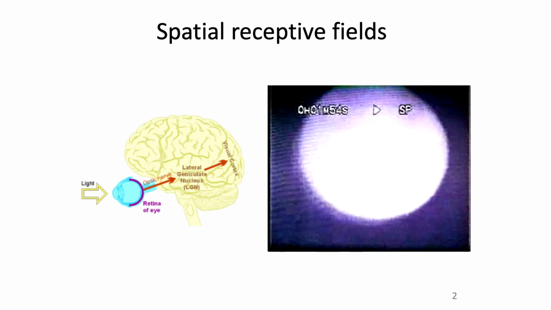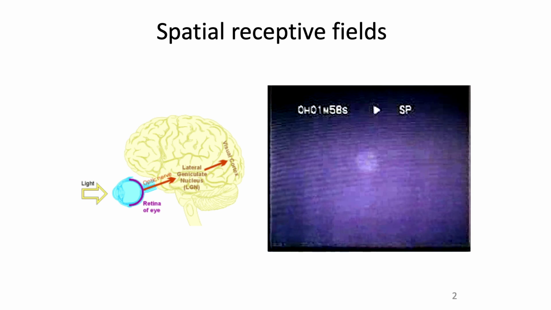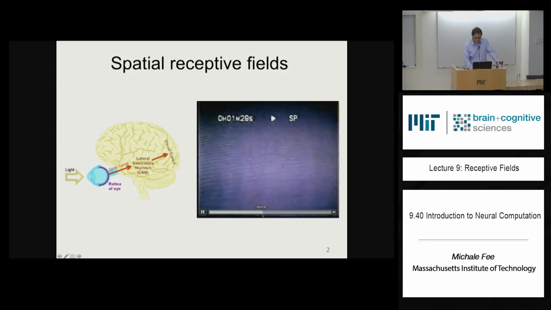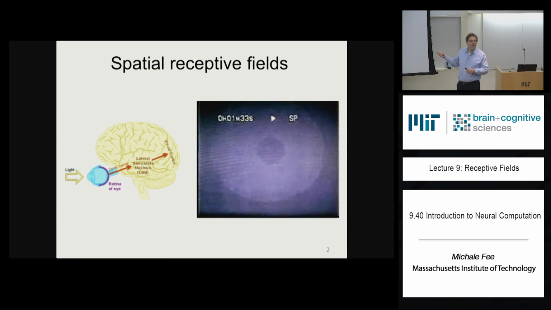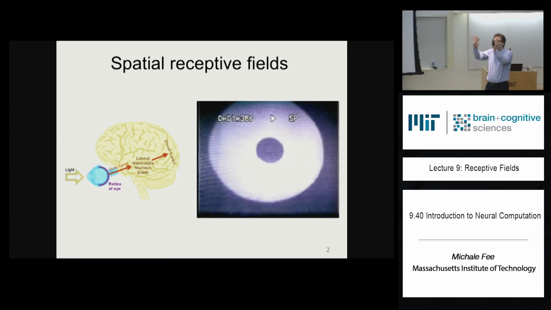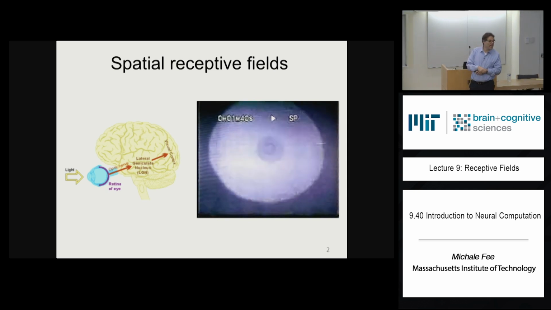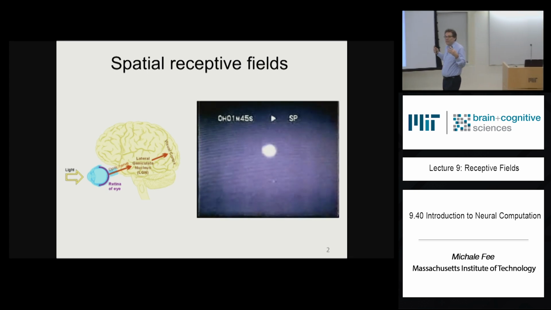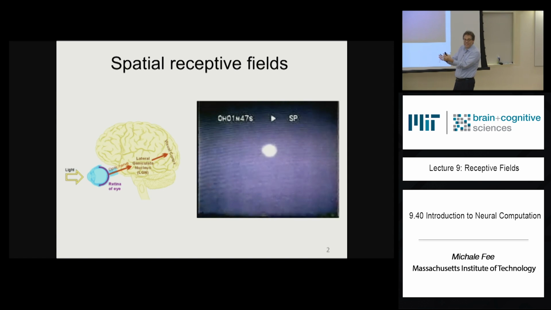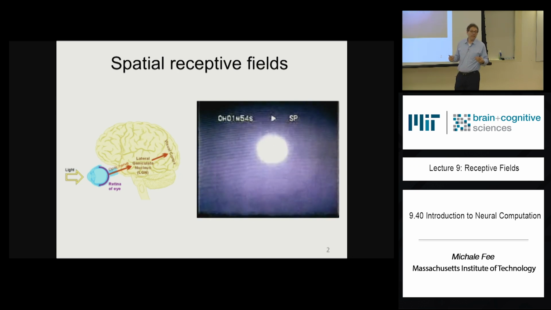Notice that the cell also responds when you turn off a stimulus that is bright in the area surrounding that small receptive field. So the neuron has parts of its receptive field that respond with increased firing when you apply light, and parts of the receptive field that respond with higher firing rate when you remove light.